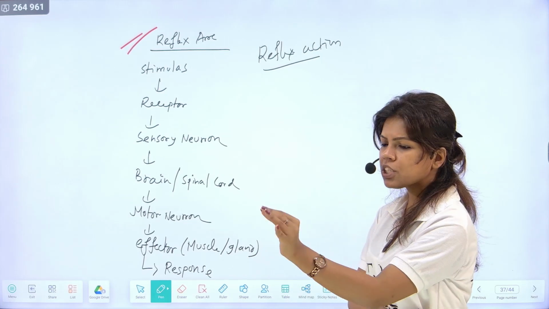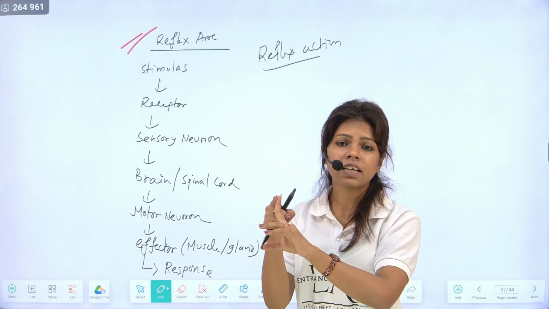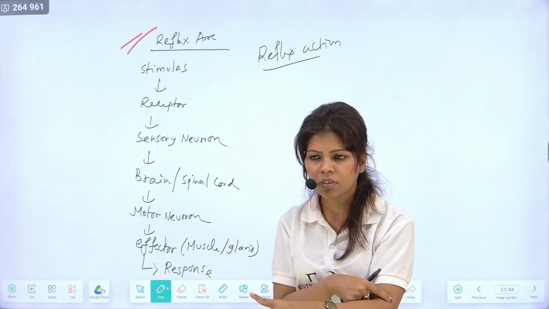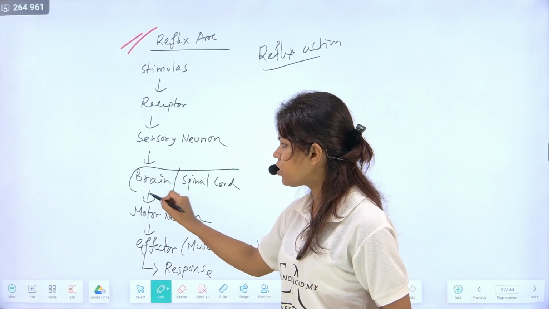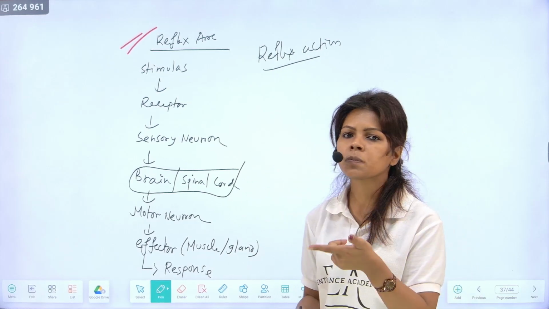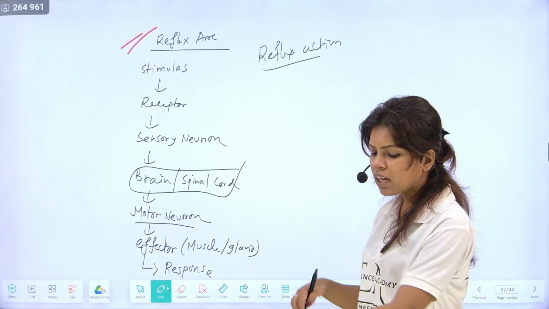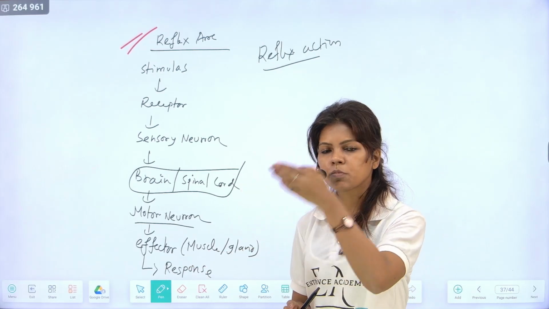When we touch a hot object, the receptors present in our skin receive that stimulus. The stimulus is sent to our brain by means of the sensory nerve. The sensory nerve carries the stimulus to our brain and spinal cord. From the brain and spinal cord, the command comes by means of the motor neuron to the muscles or the gland, and then we remove our hand.